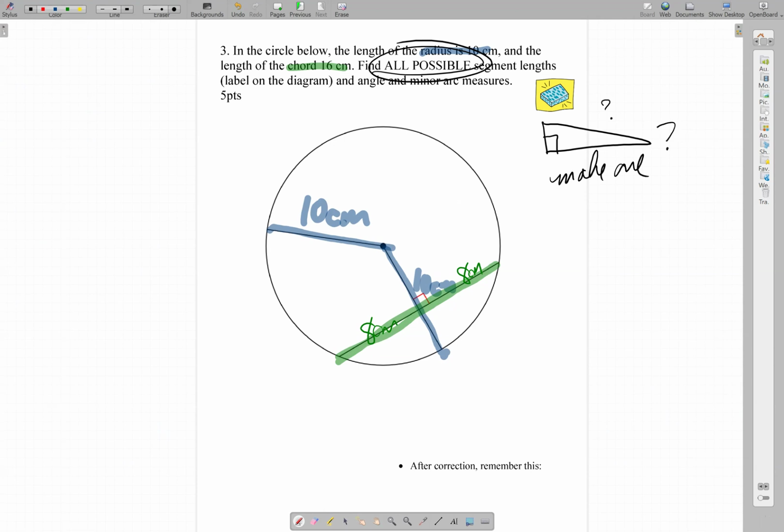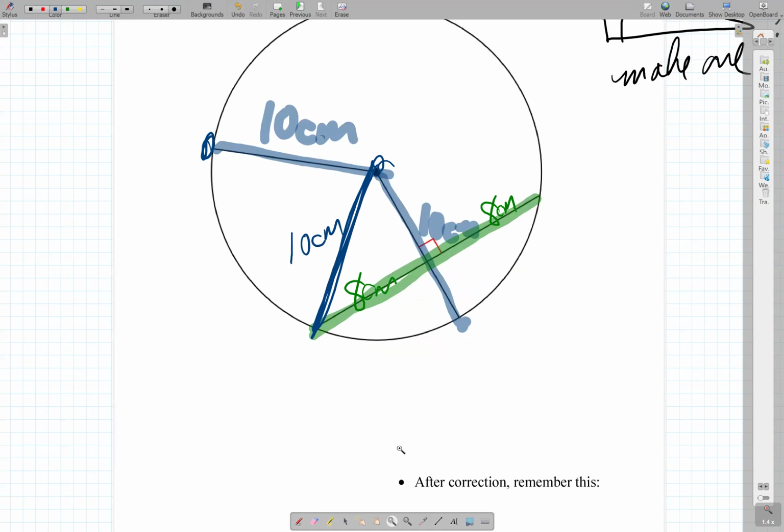Because the right triangle is the key to every single problem, just about. So what you need to realize, you could always draw in or move a radius. A radius goes from center to edge, which means I can do this. Oh, looky there. I now have a right triangle, which just unlocks everything, friends.